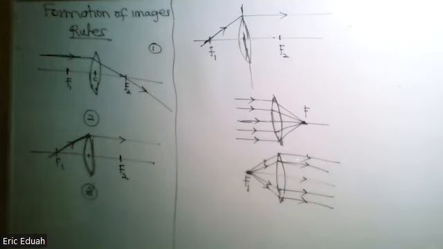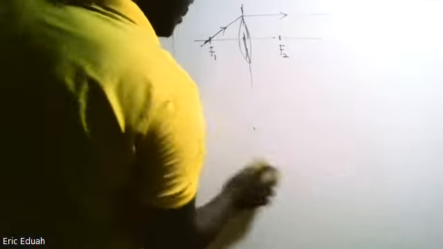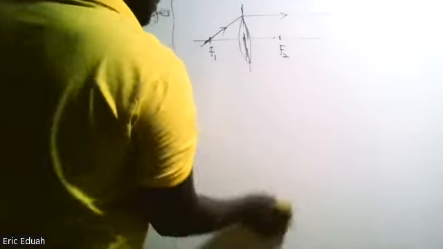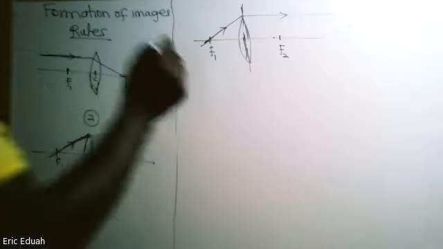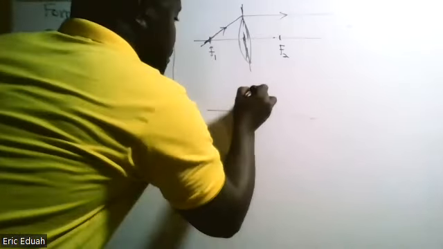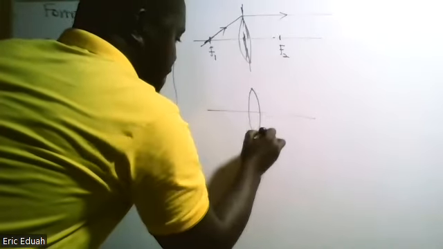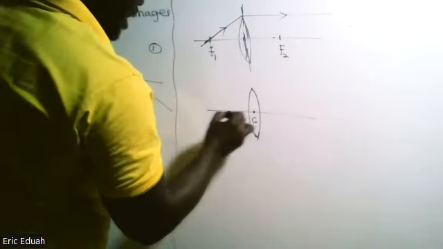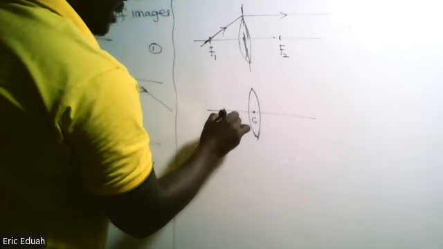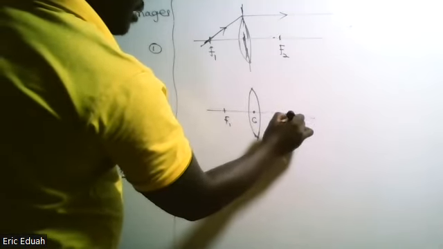Then the third and the final rule is that there's an optical center, F1, F2.